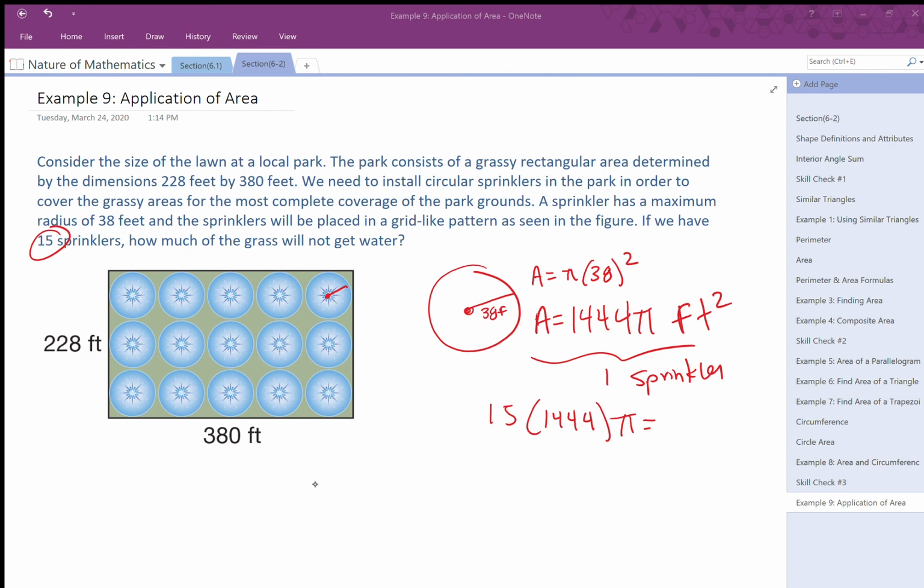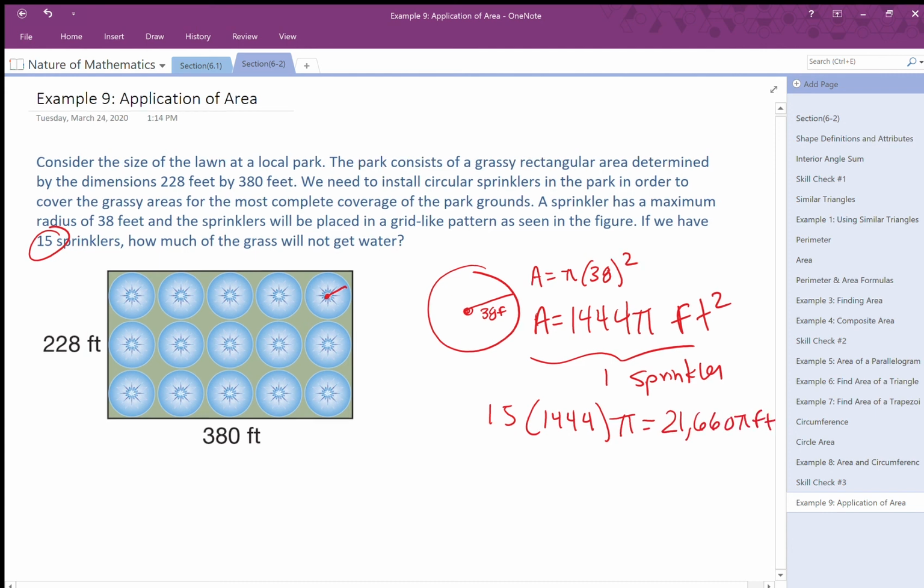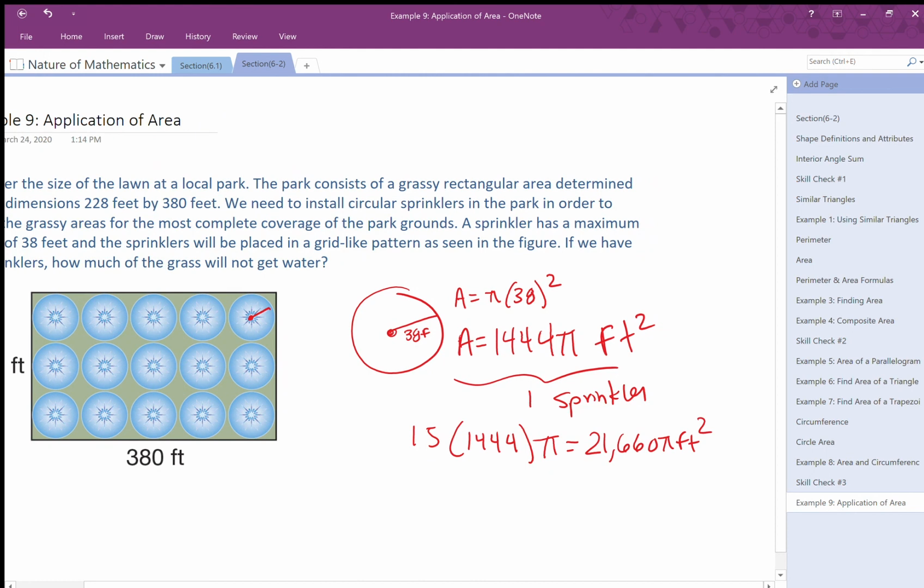So that gives us 21,660 pi feet squared. And let's multiply the pi into that. So we have about 68,047 square feet. This is how much the sprinklers cover.